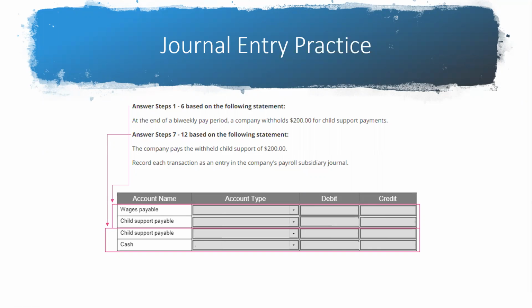So we're going to record each transaction in a table. So wages payable would be what kind of account? Expense? No, liability. Very good. Debit or credit? Credit.